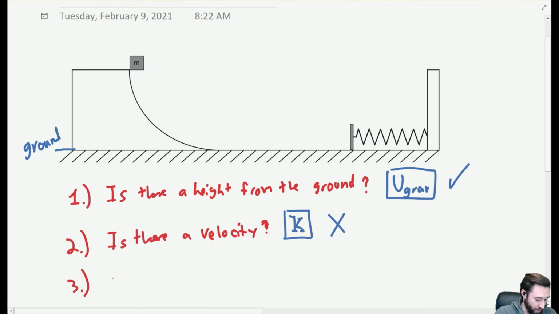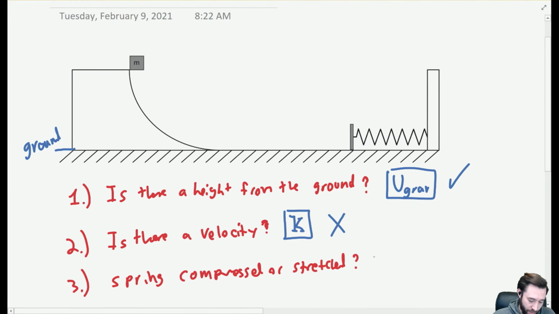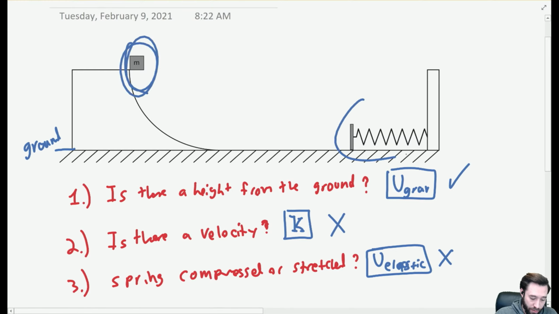The third question is, is there a spring that's being compressed or stretched? This is obviously U elastic. At this point, the mass is over here and the spring's over there, so it's not compressing the spring.